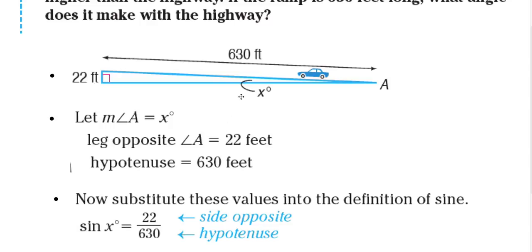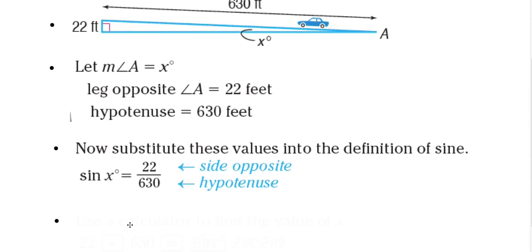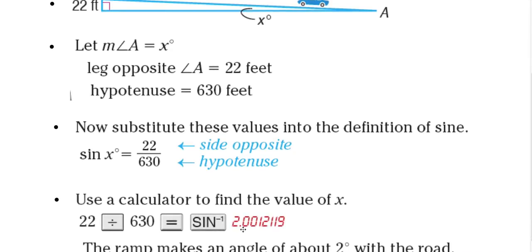So now we have sine of angle x, because we're using the sine ratio in SOHCAHTOA, 22 over 630 will be our ratio. Find the value of that and we'll get 2.001219. How did we get that angle?